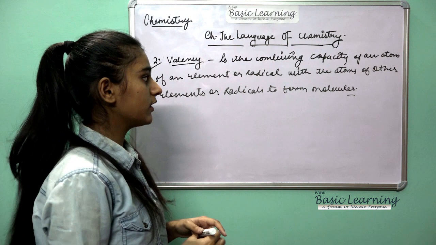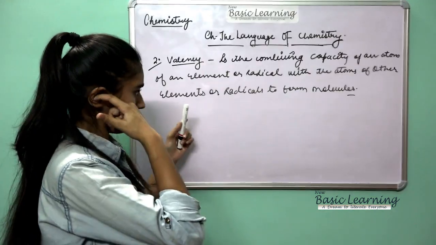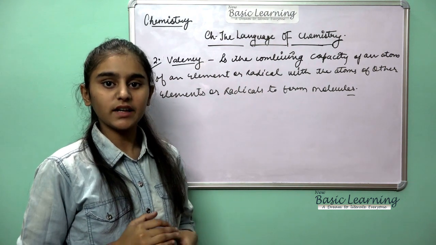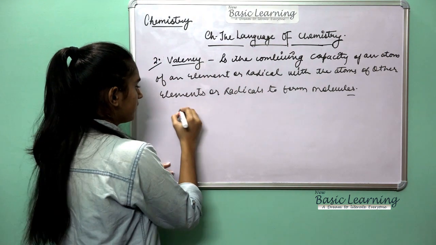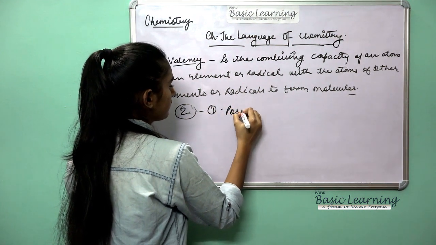Okay, so there are two types of valency, that is positive valency and negative valency.